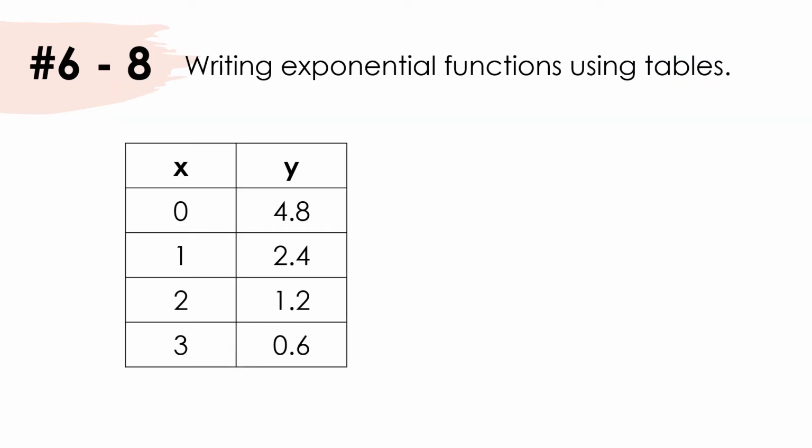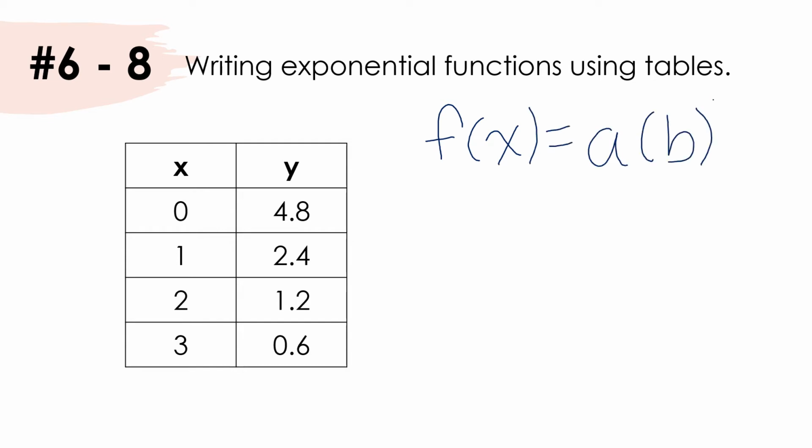6 through 8 are examples of writing given a table. So in order to do these, we have to identify the y-intercept and the base, because they should be in the form f of x equals a times b to the x. And a is that y-intercept.